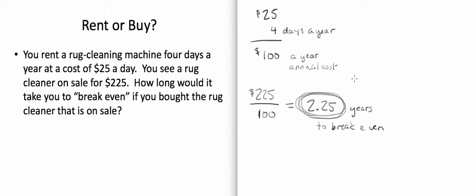In this case, this is a rug cleaning machine, and 2.25 years is a fairly long time to break even. If the machine takes maintenance and takes up extra space, and that's too much of a hassle, then it's probably not in your best interest to buy it.